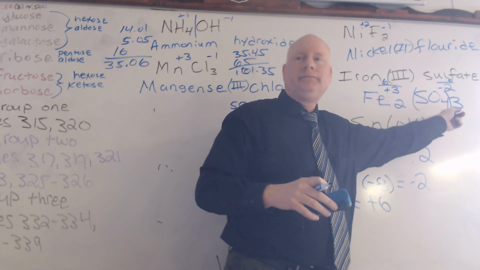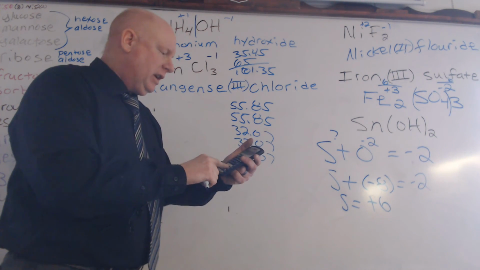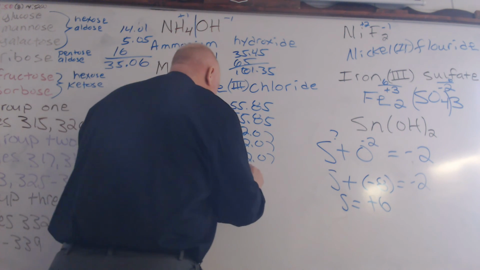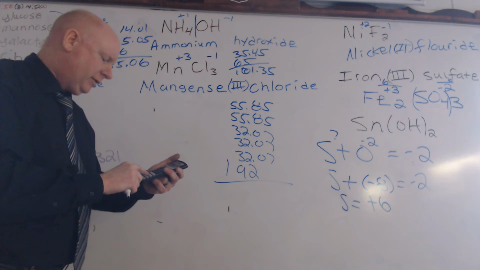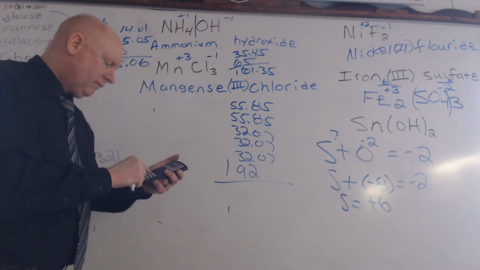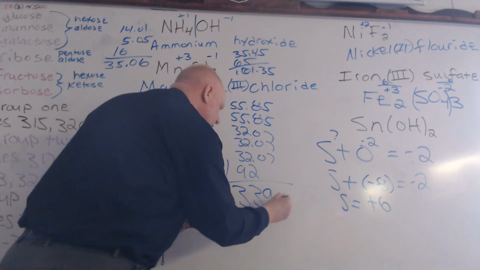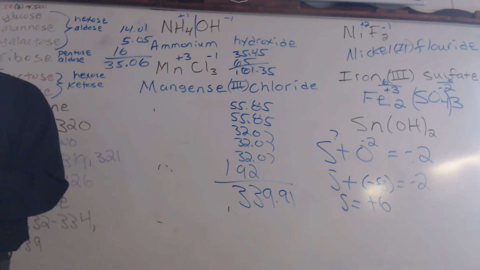We've got 12 total. So therefore, what I'm going to do is take 16 times 12, okay? It gives me 192. Now when we add all those together, plus 32.07 plus 32.07, 399.91. Okay.